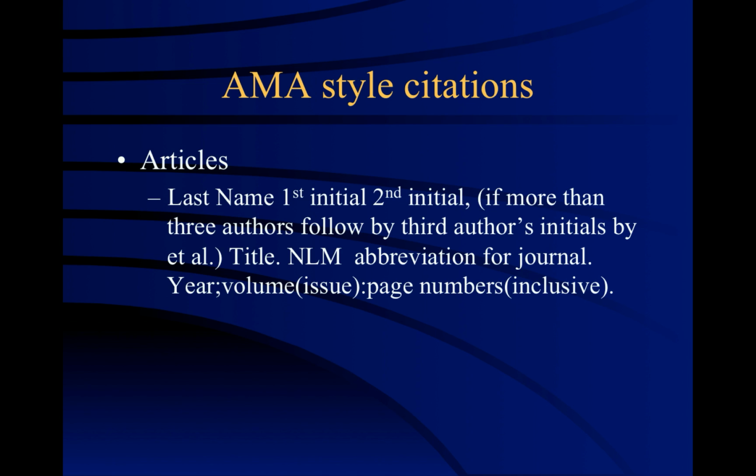You then provide the title, written in sentence case, followed by a period, the National Library of Medicine abbreviation for the journal, followed by a period. Then you have the year, followed by a semicolon, the volume, followed by the issue in parentheses, then a colon, then the page numbers that are inclusive, and a period.